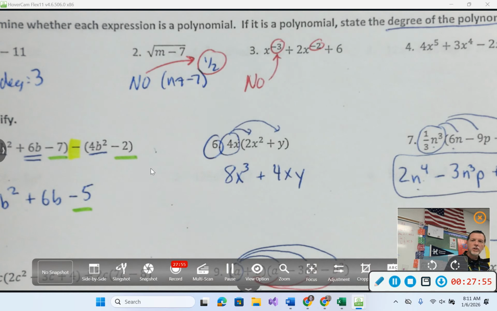If q to the 41 equals q to the 4k plus 5, then 41's got to equal 4k plus 5. And now you've got an algebra 1 type question there. So it used algebra 2 to simplify, and now it turned into an algebra 1 question.